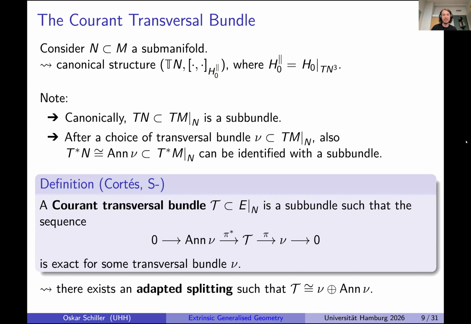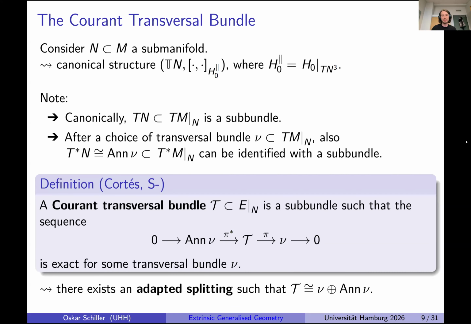The Courant transversal bundle is a subbundle of the generalized tangent bundle over the ambient space, restricted to this submanifold. And it is such that the sequence that you see there is a short exact sequence. So what this means is that in the right splitting, the Courant transversal bundle actually is the direct sum of the transversal bundle with the annihilator of the transversal bundle.